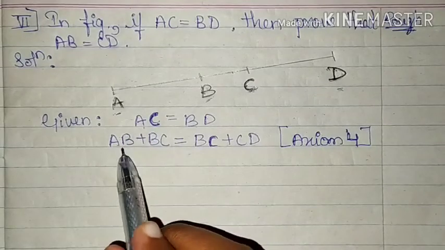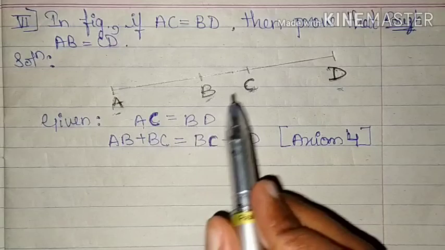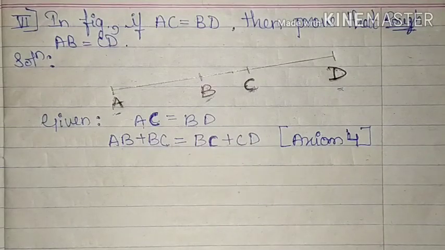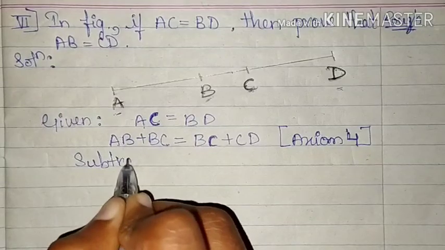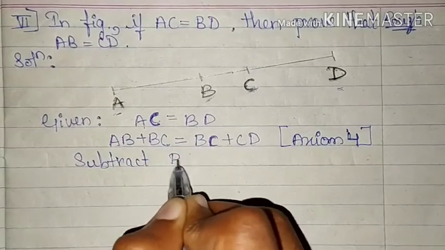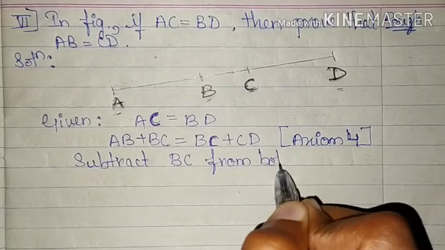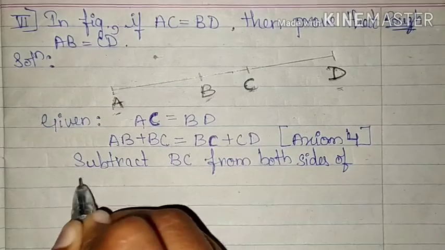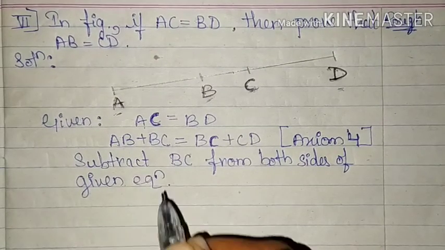So AC can be written as AB plus BC because they coincide, they are equal. And BD coincides with BC plus CD. So they are equal. So now subtract BC from both sides of the given equation.